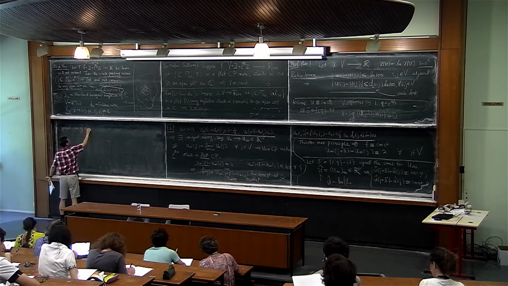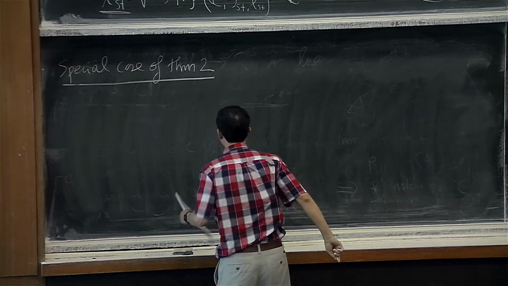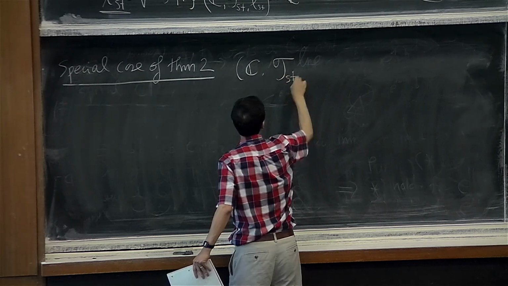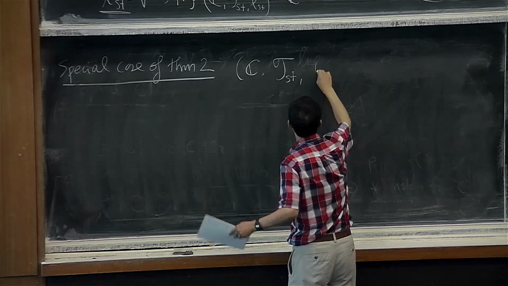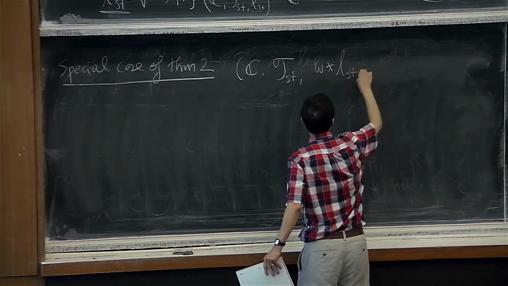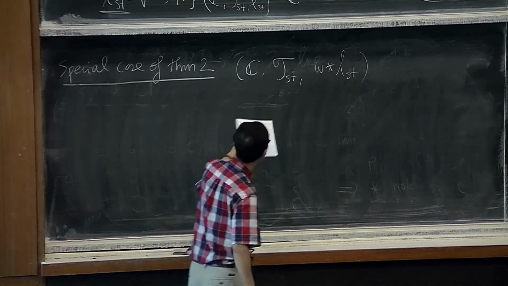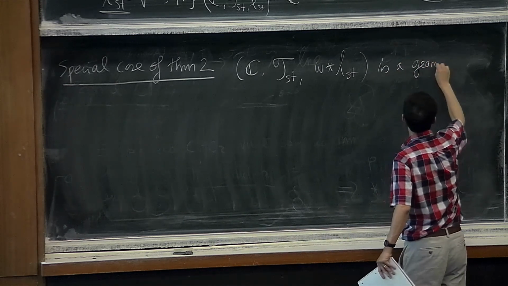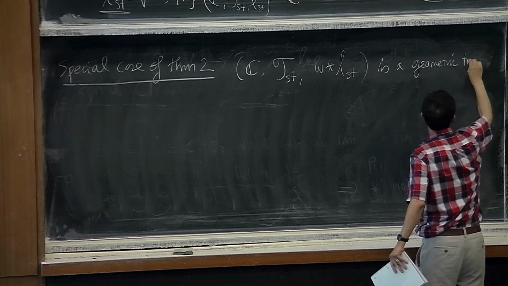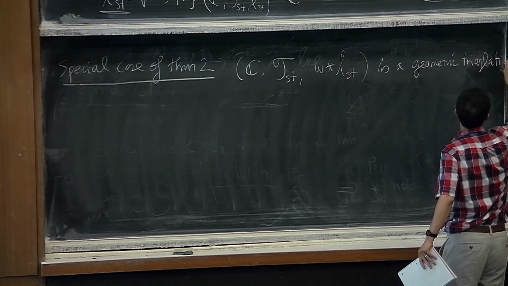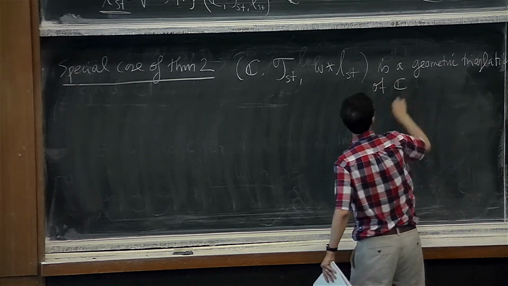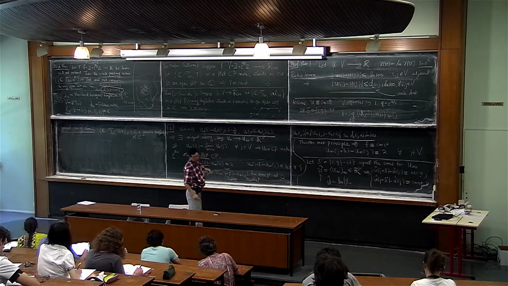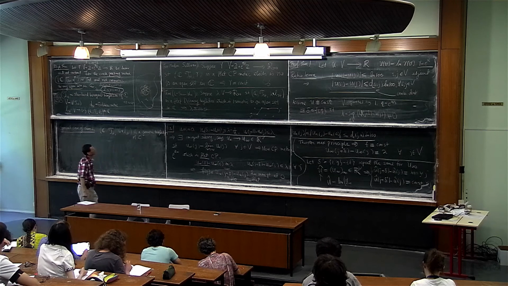In this special case, suppose you have a standard triangulation and a vertex scaling of the standard one, and let me assume that this is a geometric triangulation of the complex plane. In other words, it is isometric to an open set, and the open set is the whole complex plane itself.